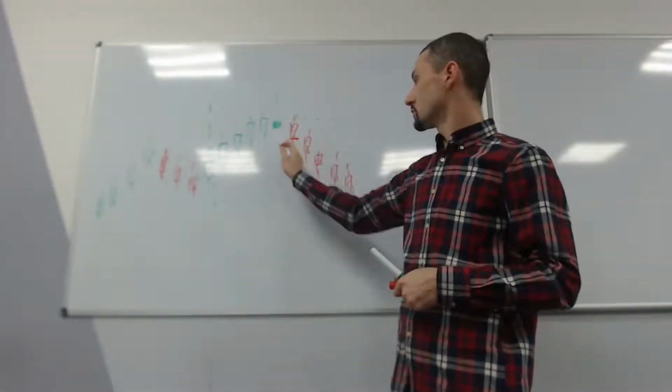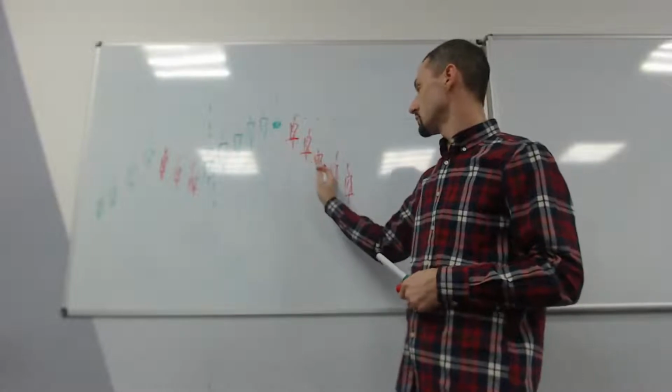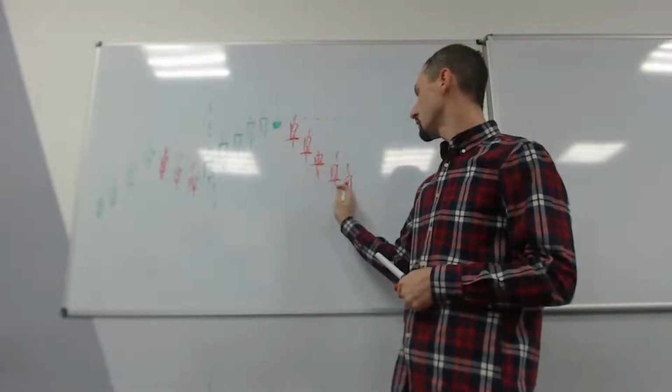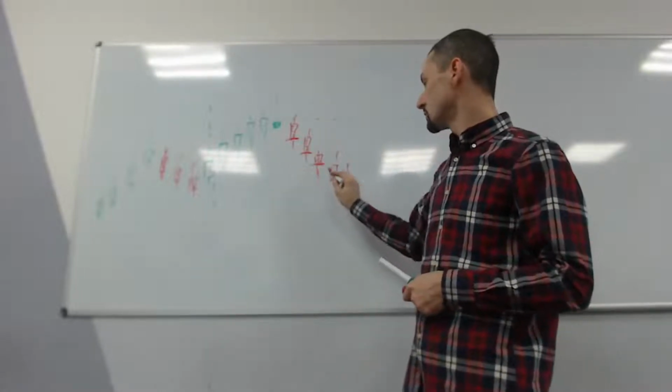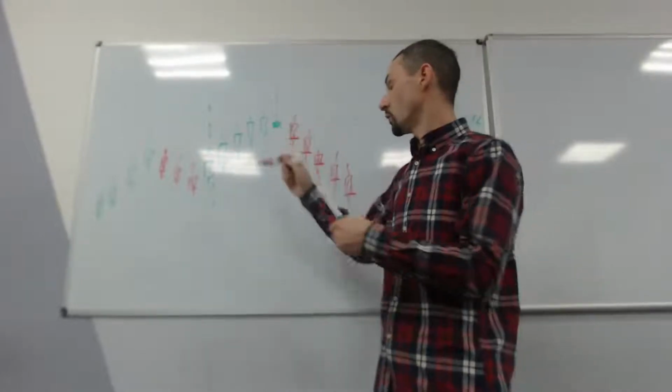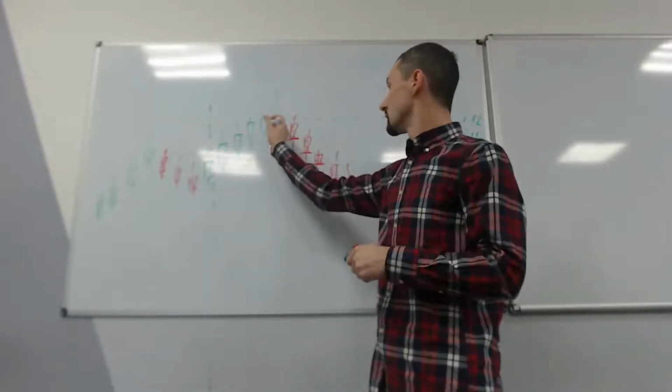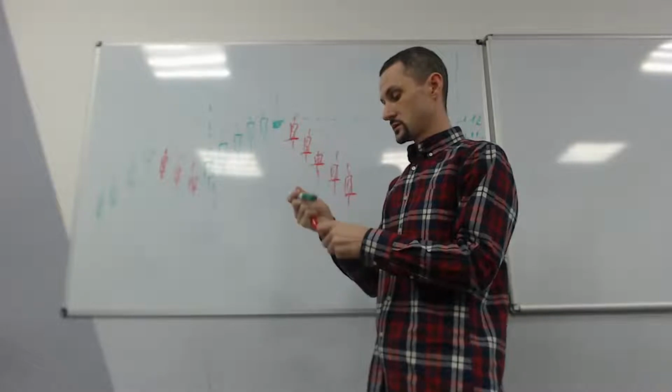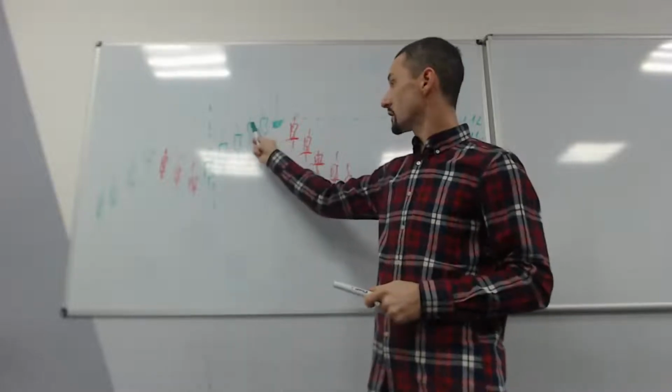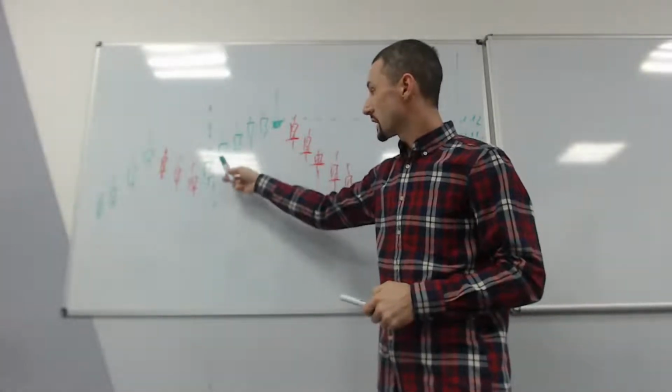Here will be the close price. Here will be the close price. Here one, here, and here. And we have 1, 2, 3, 4, 5. Well, here is 6, 7, 8, 9, 10. 10 prices.